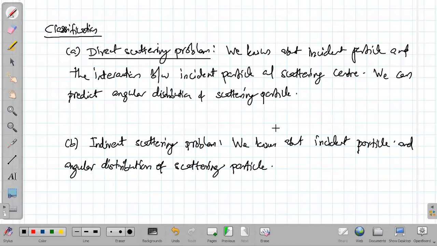What we don't know is the scattering center. From these two pieces of information, we can study the scattering center.